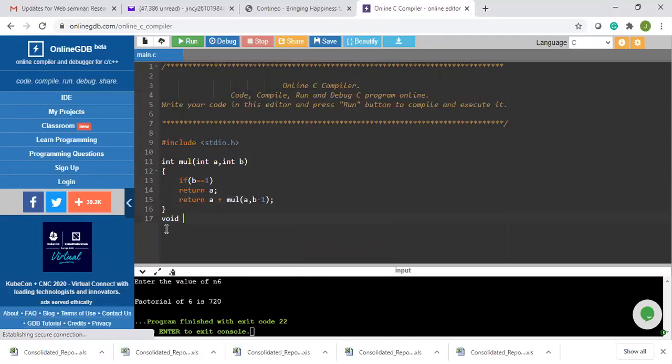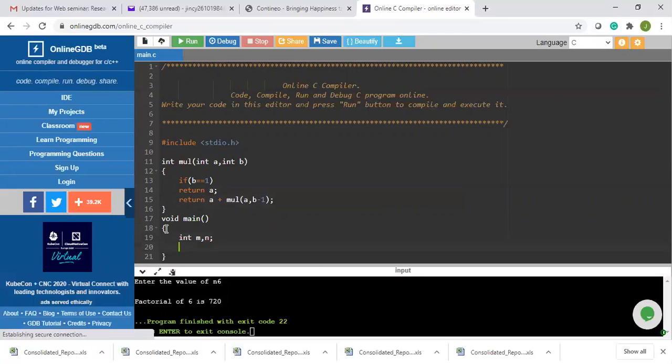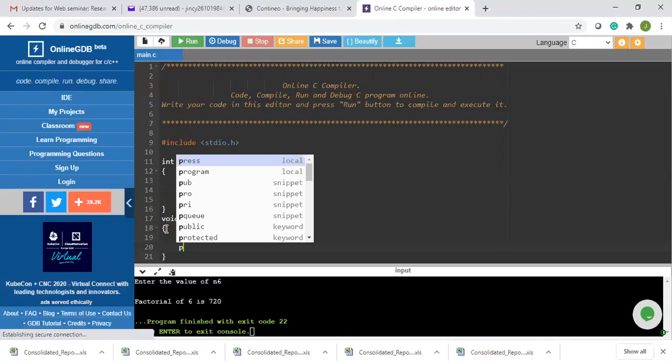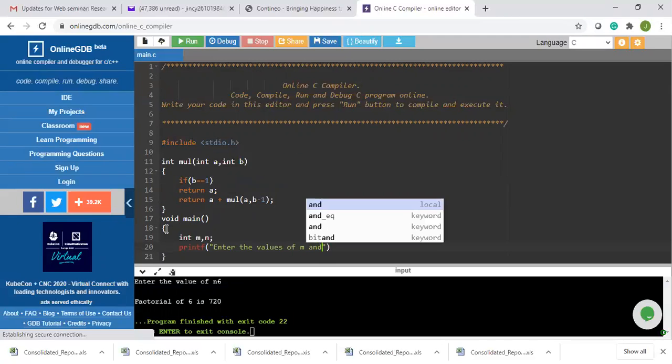Next, my main function, void main, int m comma n. I'm declaring two variables, int m, n. Then I'm going to enter the values from the user, enter the values of m and n.